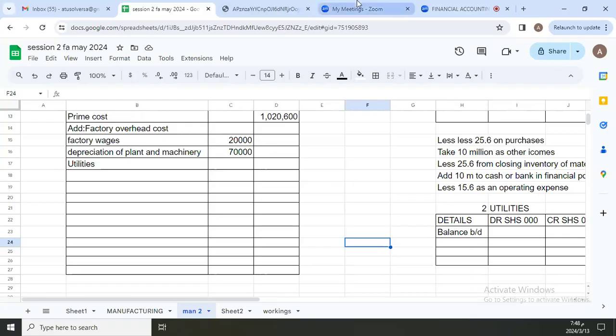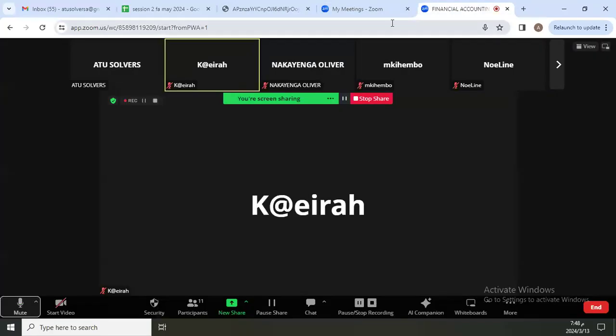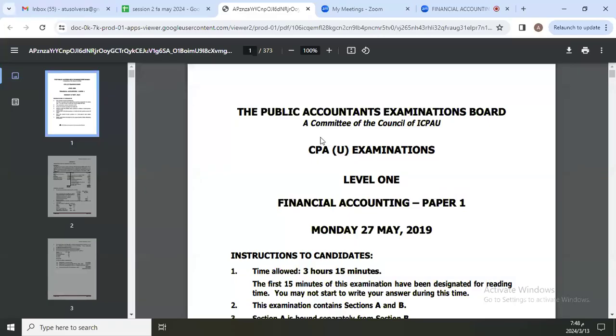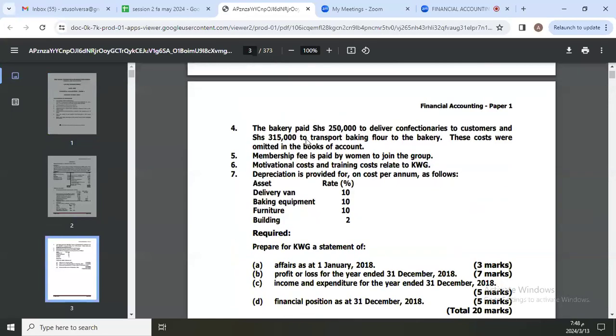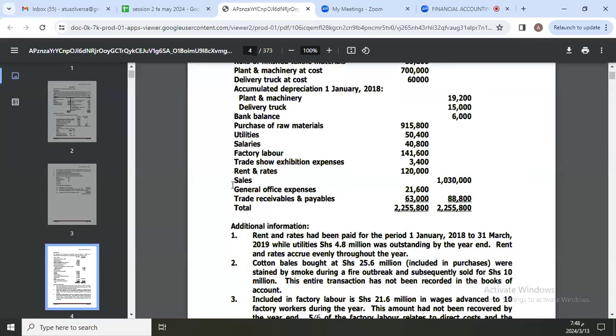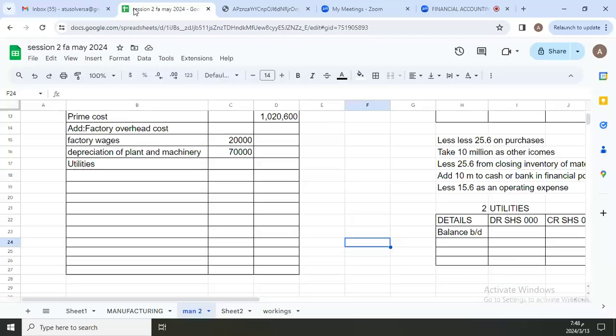When you check, our utilities is how much? 50,400. So we come here, we show here that it is 50,400.